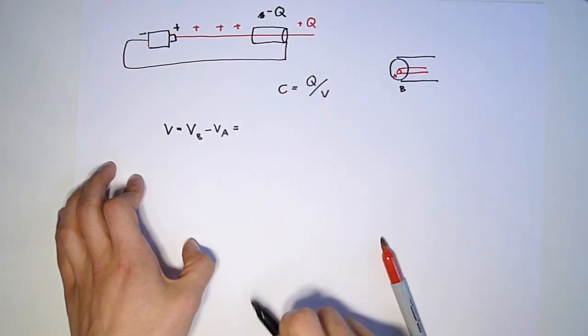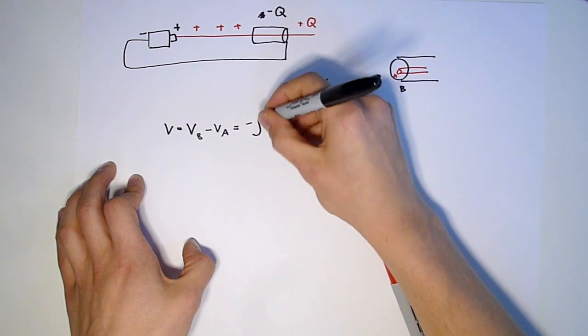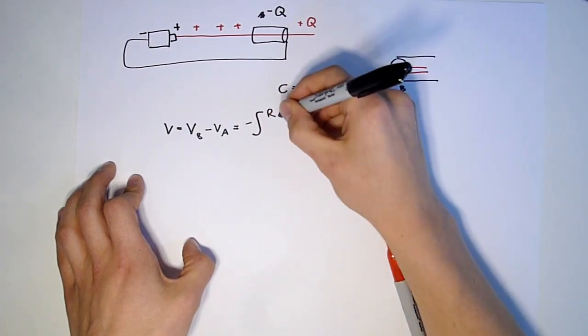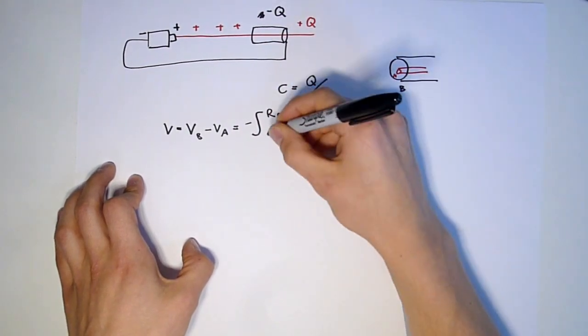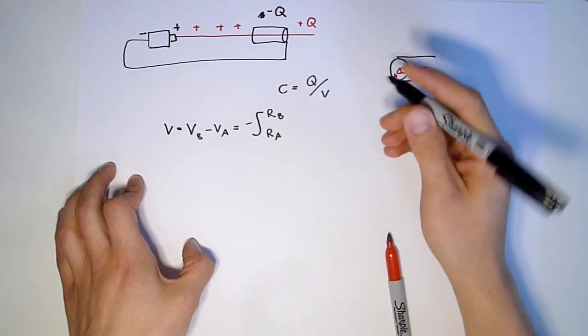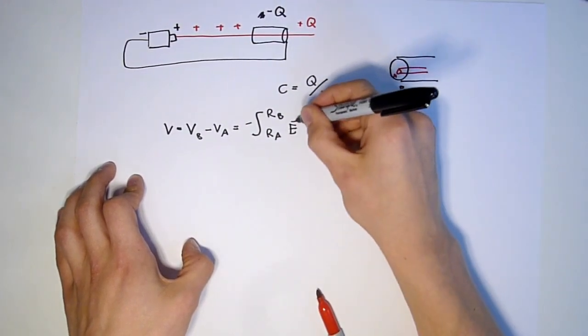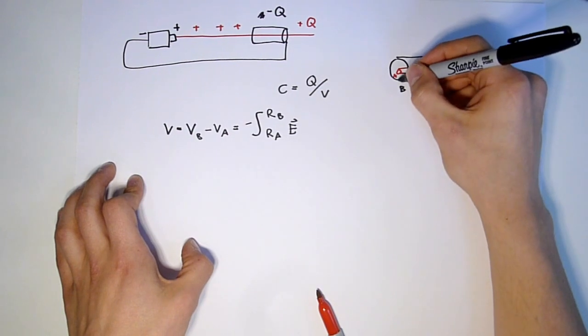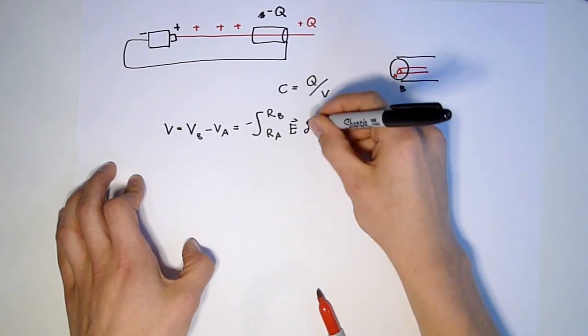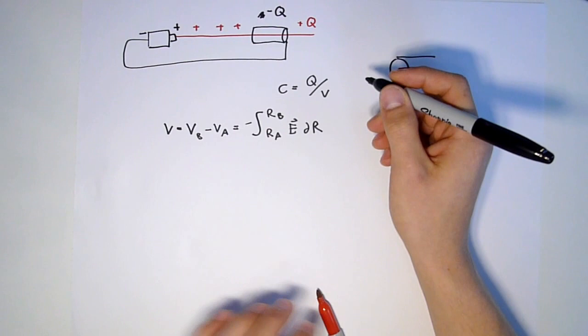And remember that's a negative as well. So if we take the integral from RA to RB of the electric field, and let's say the radius, so we make a straight line in the radius, then we should get the voltage.